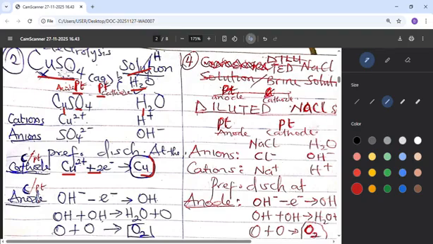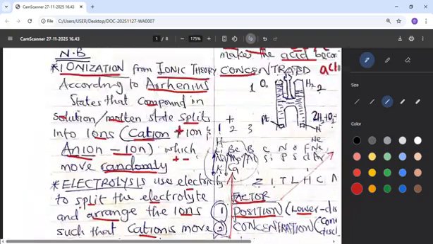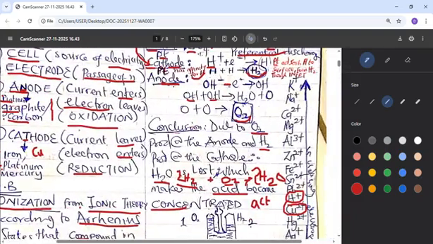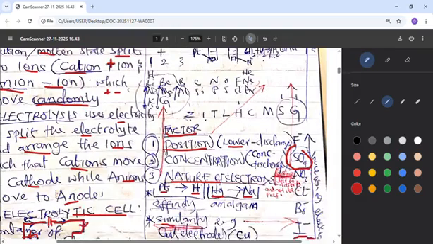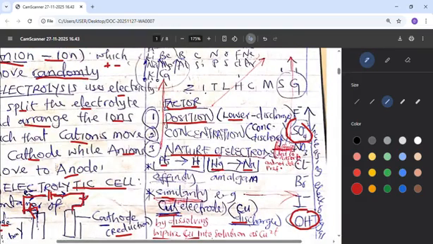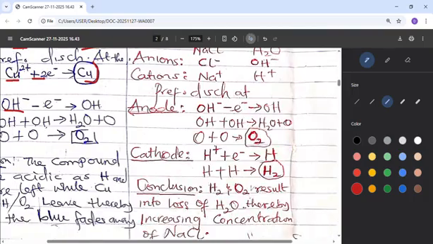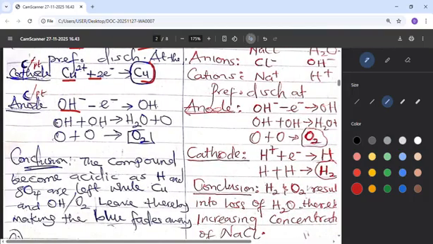Then at the anode, we have OH and we have SO4. Which one will be preferentially discharged? We said OH will be preferentially discharged. Why? When we check our activity series, we can see that OH is actually lower than SO4. SO4 is above, OH is below. So OH will be preferentially discharged and is going to the anode, because it's an anion going to the anode.